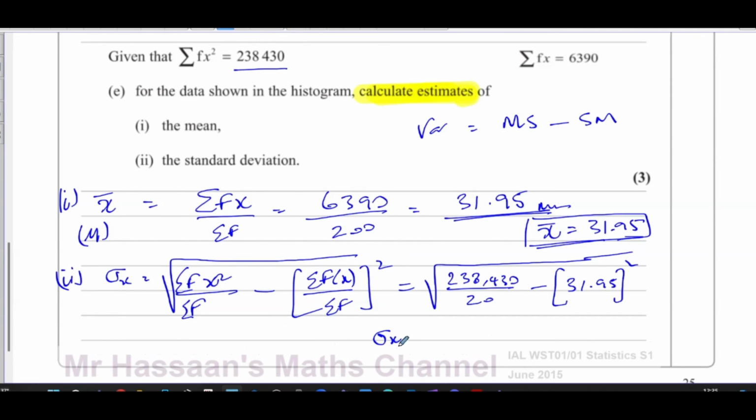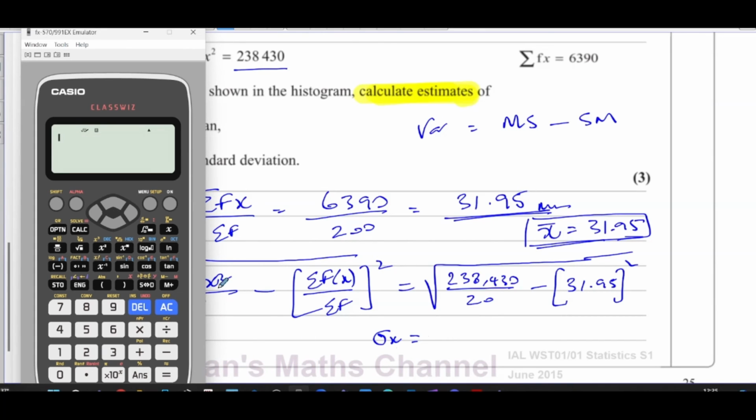So that's going to equal what? Let's use a calculator to find out. We're going to have the square root of 238,430 over 200, minus, brackets, 31.95.